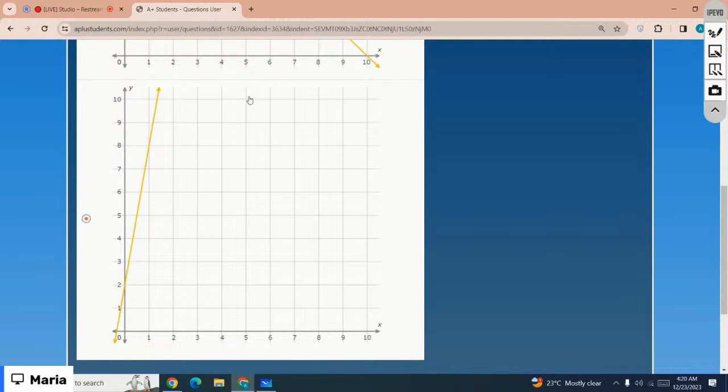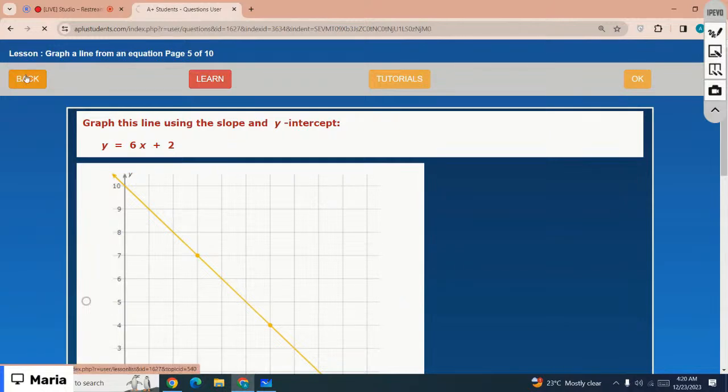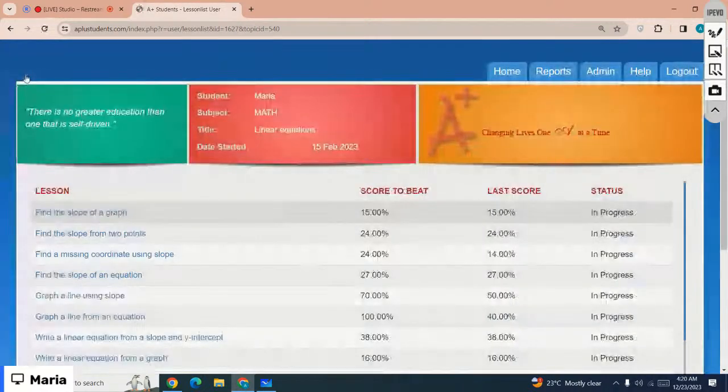Okay, you can complete the lesson by yourself later today. Let me just move on to the next lesson. Okay, the next lesson we are going to start with is write a linear equation from a slope and y-intercept.